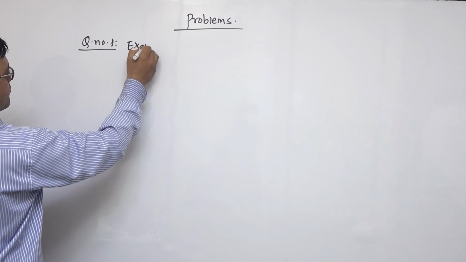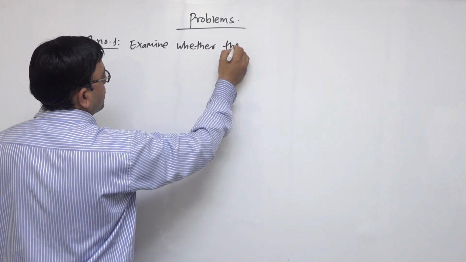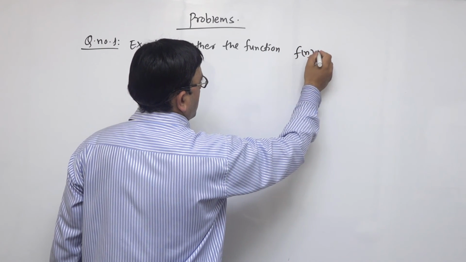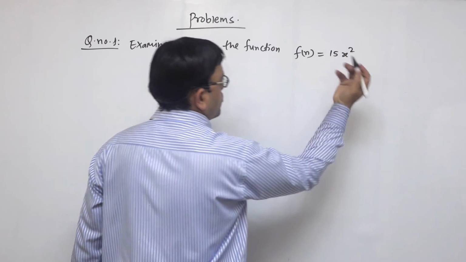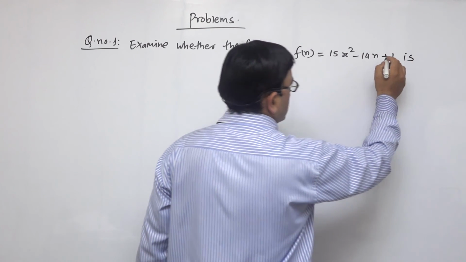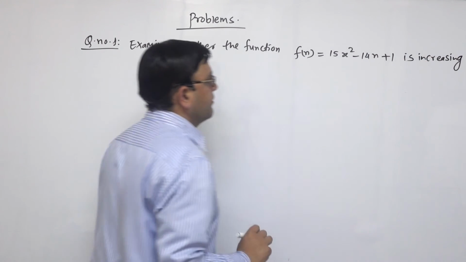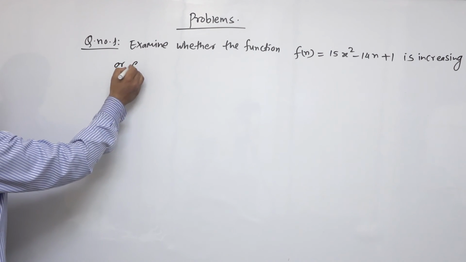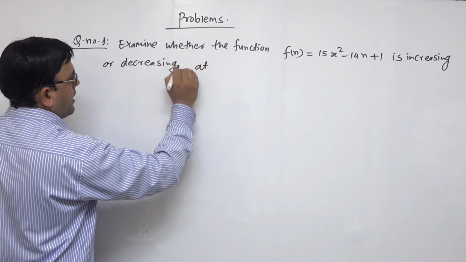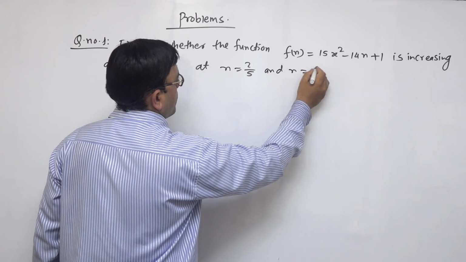Examine whether the function f(x) is equal to 15x square minus 14x plus 1, suppose we can take one example, is increasing or decreasing at x is equal to 2 by 5 and x is equal to 5 by 2.